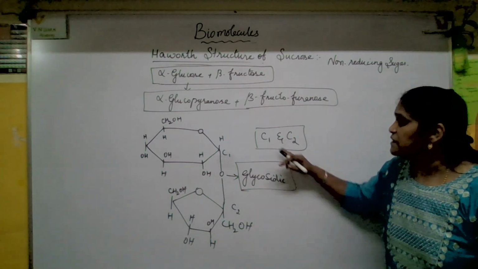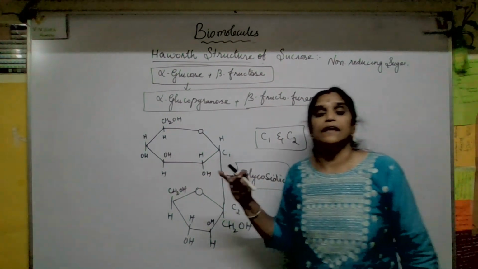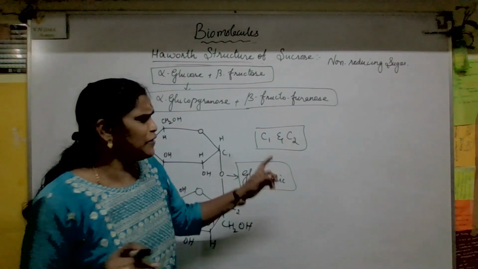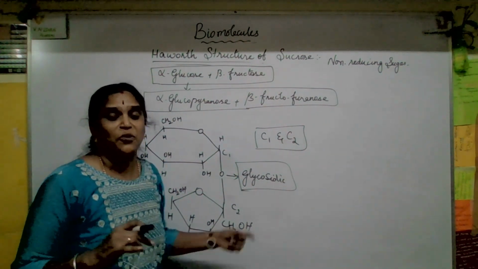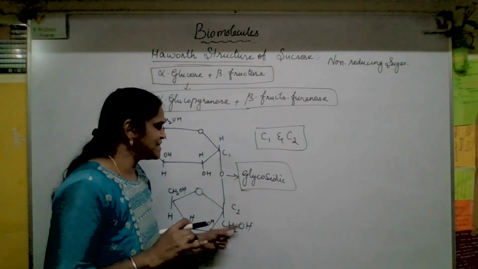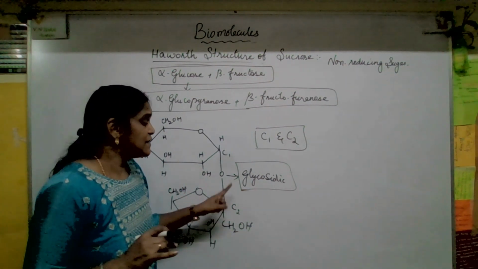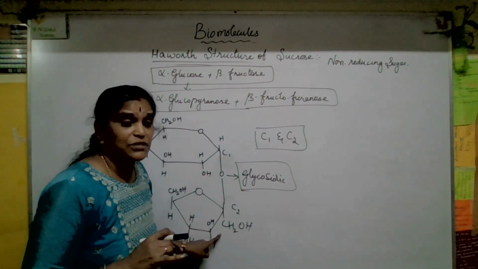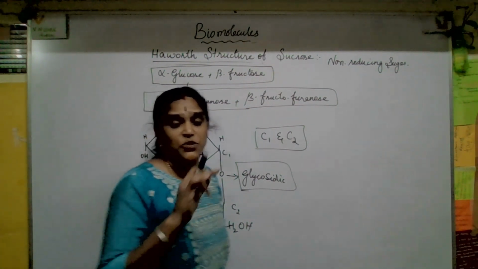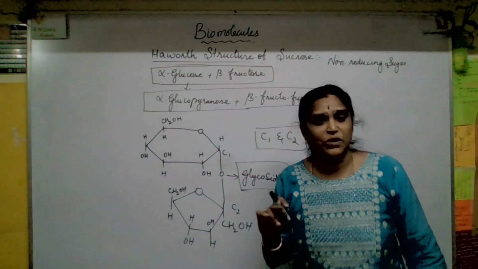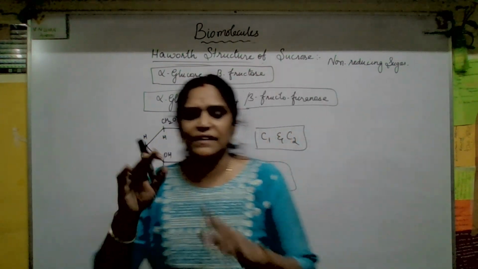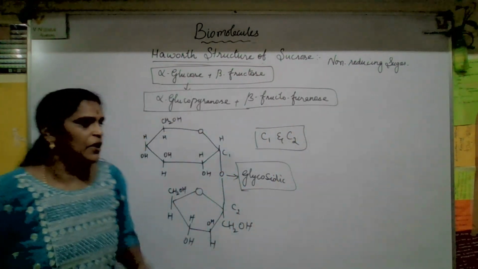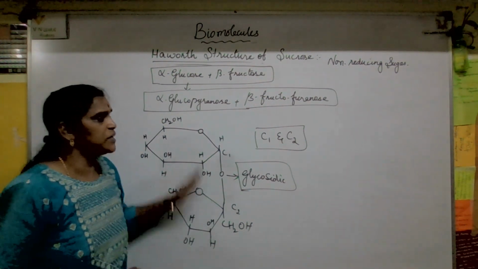Everyone asks how C2 is possible, because we used to forget this CH2OH. It starts from the first carbon CH2OH, and the second one is CHOH. Hope you remember the structural formula I gave in my last video, and all these points.